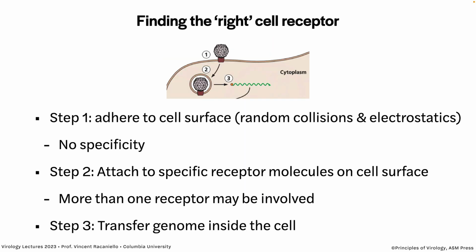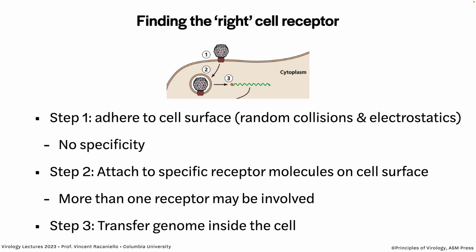So the steps involved here are first, the virus particles, of course, have to adhere to the surface. So virus reproduction produces lots and lots of particles because they have to just randomly bump into cells when they get into a new host. So they're always bumping into cells.